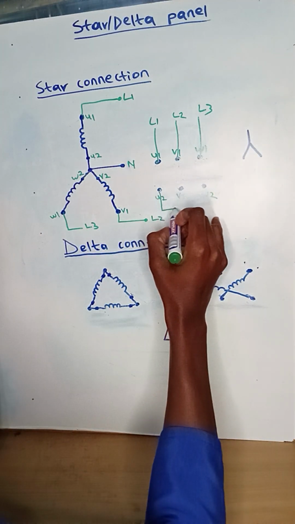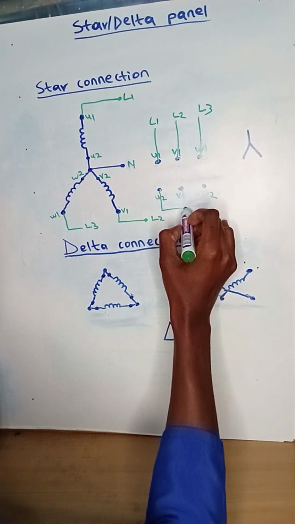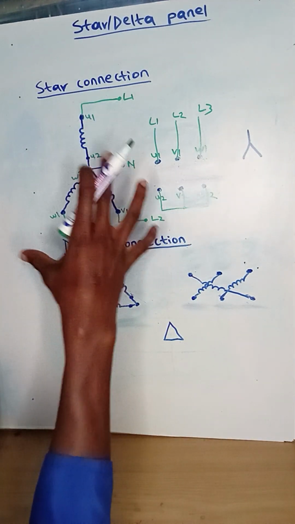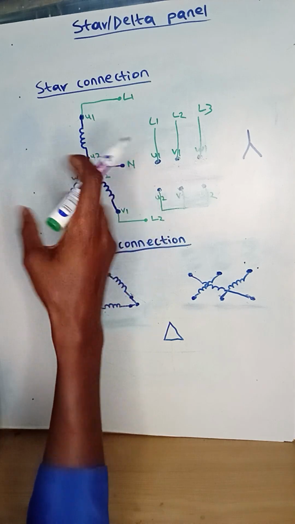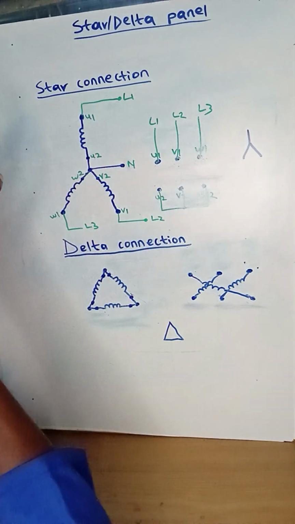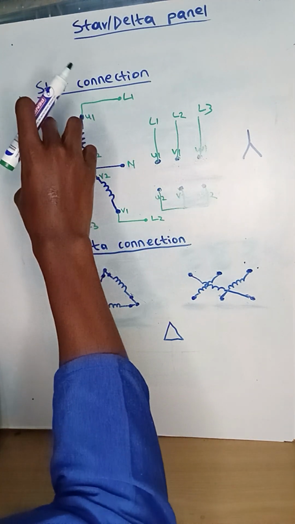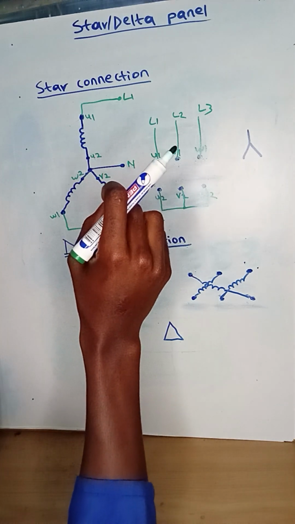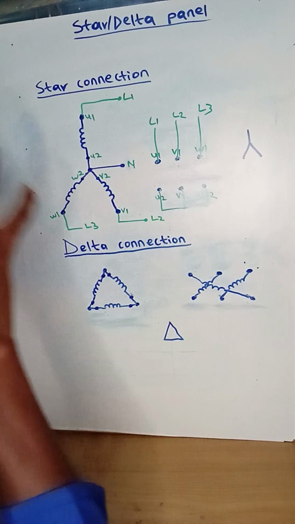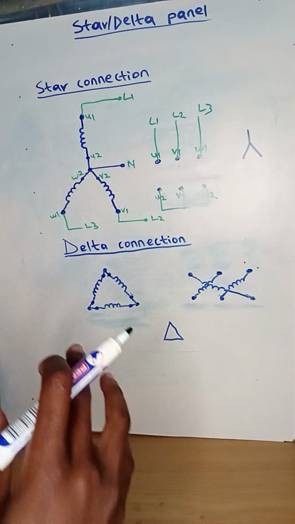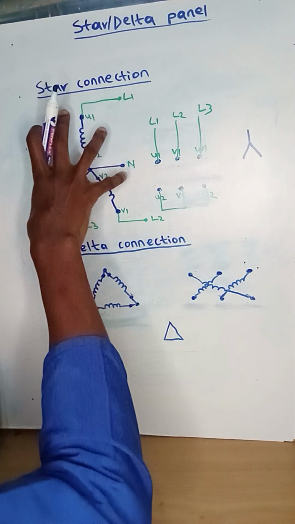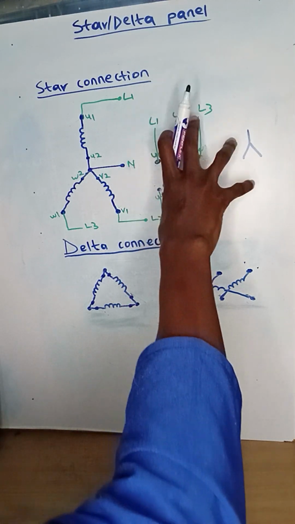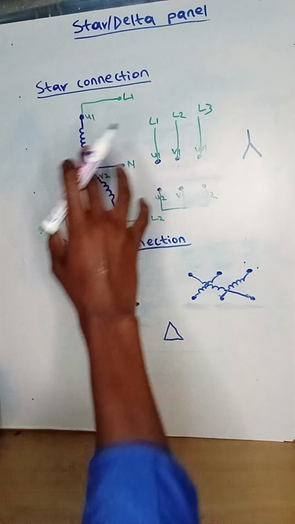So I'll bridge them together just like that. So this is the star connection and how the phases are connected, how the windings are numbered, and how the neutral is bridged together. So what you did on the left hand side must correspond with what is on the right hand side. So I'm done with star connection.